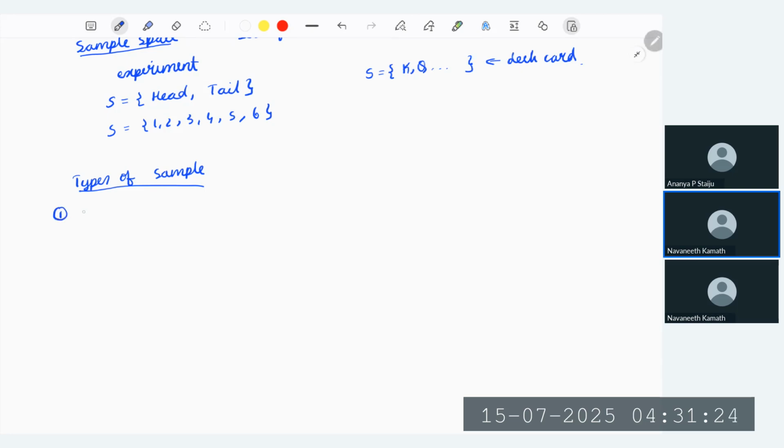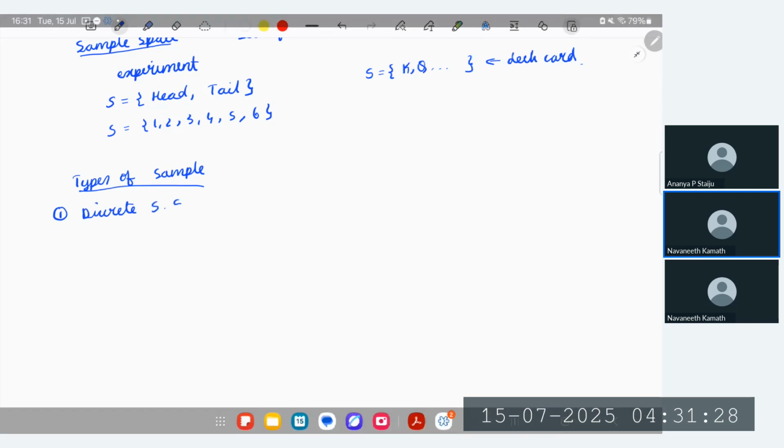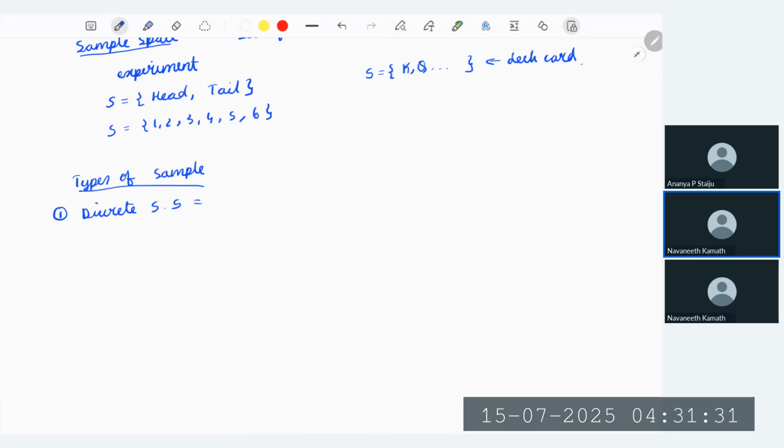We have types of sample space: discrete and continuous. Discrete sample space and continuous sample space. So discrete means the number of outcomes is finite, or you can say countable.